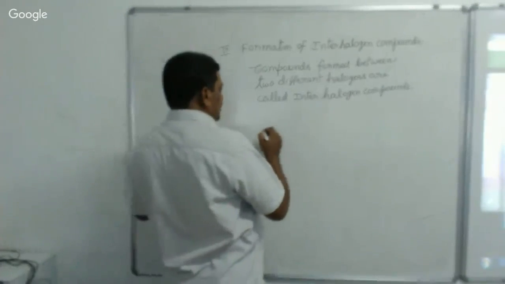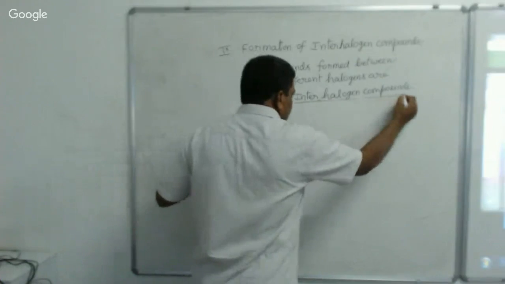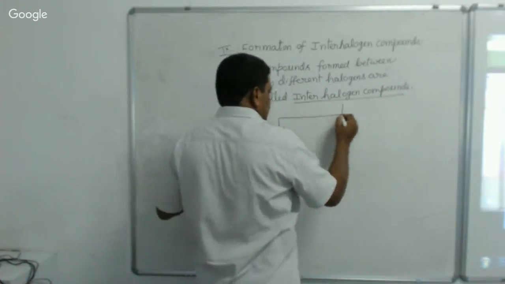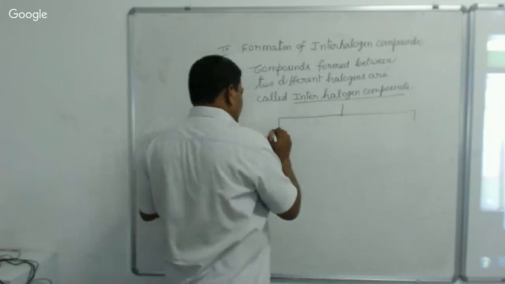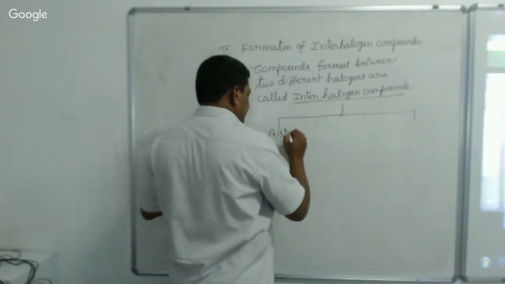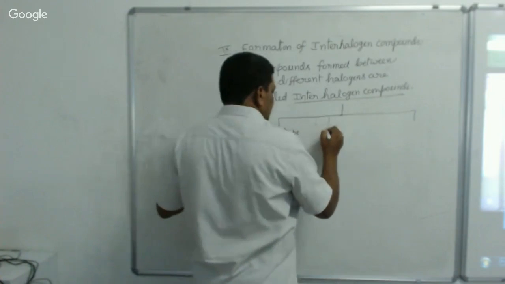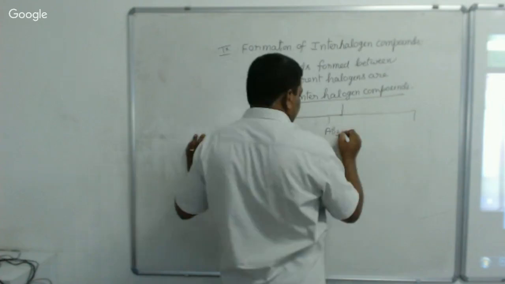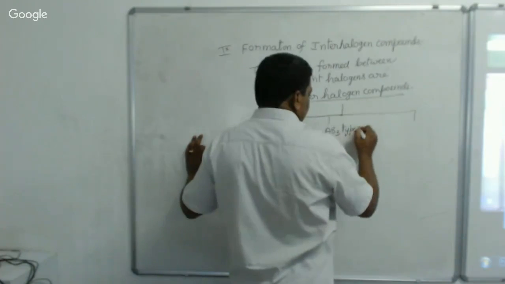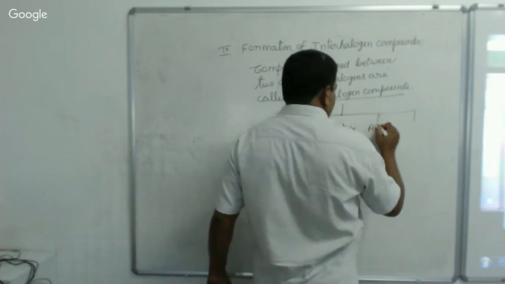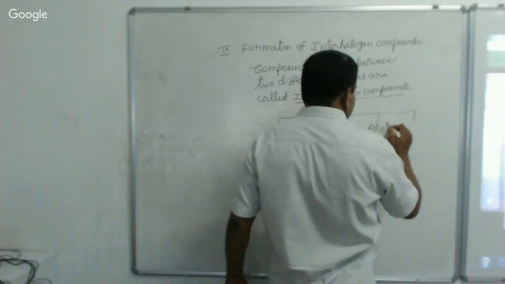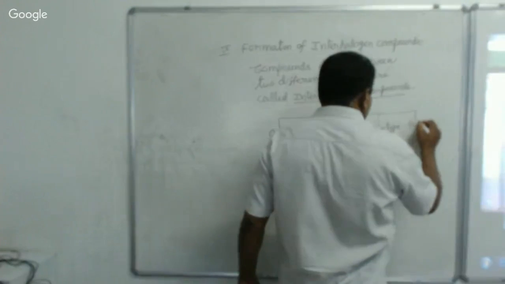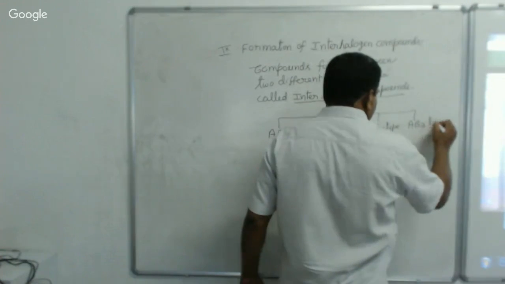For example, actually these interhalogen compounds, there are these types, AB type, AB3 type, AB5 type, and finally AB7 type.